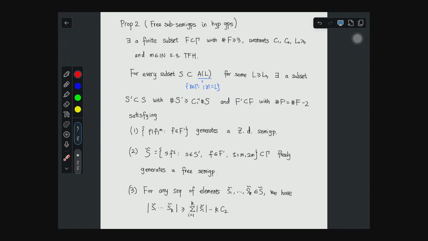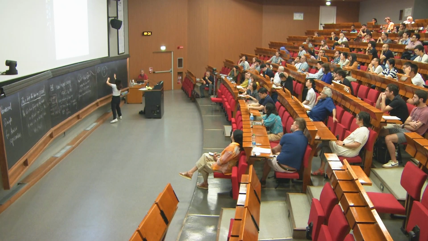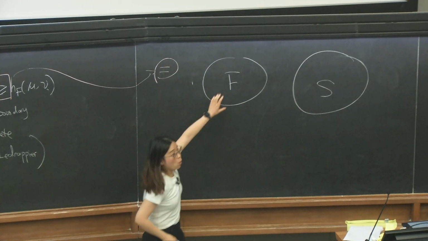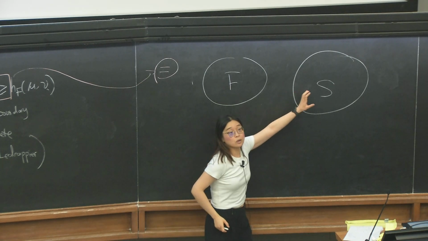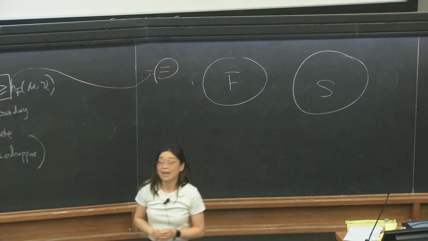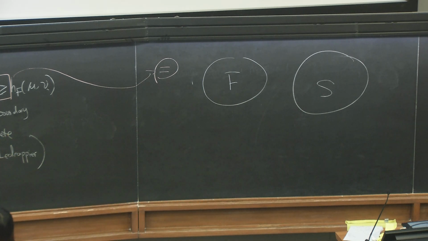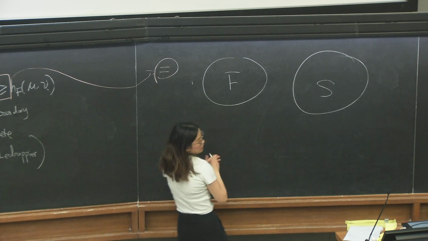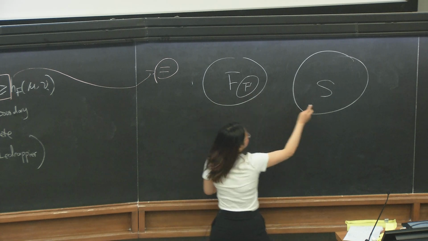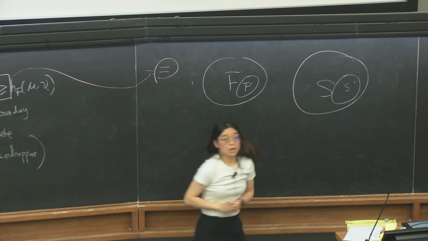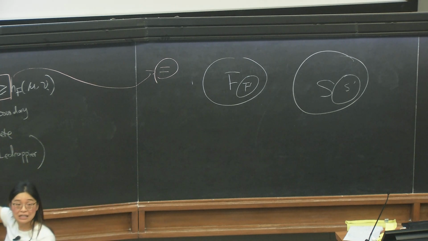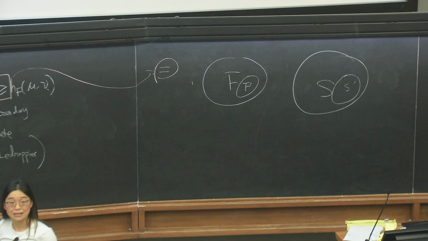Also, let me try to draw a cartoon to guide you through. Here I have a finite subset F, and now I have another set S. And in these two, I want to find some large subsets, such that once I use these two large subsets, the first is about getting a Zariski dense sub-semigroup.